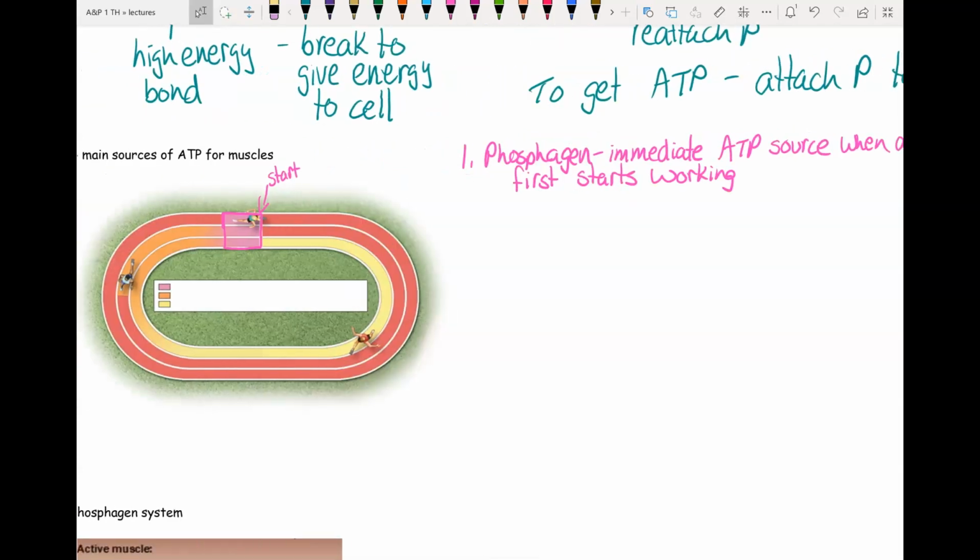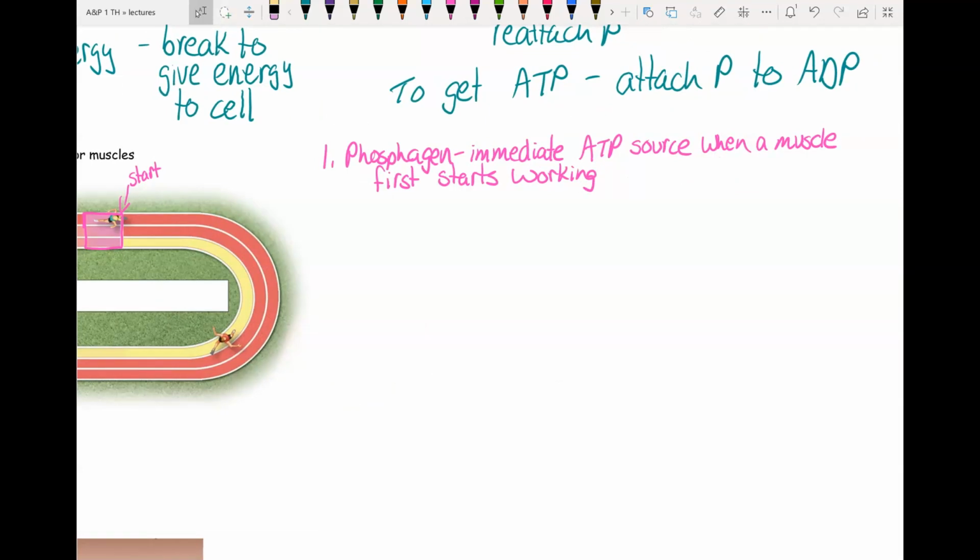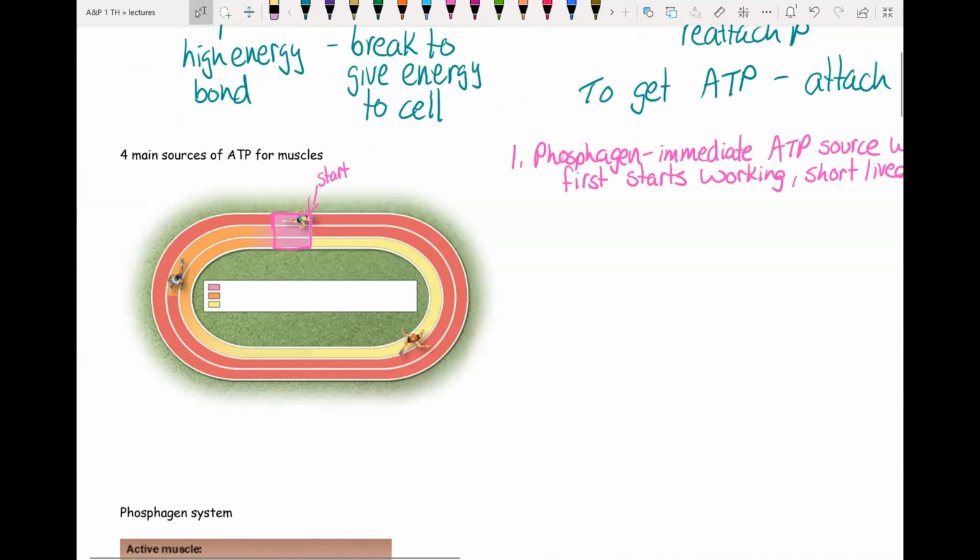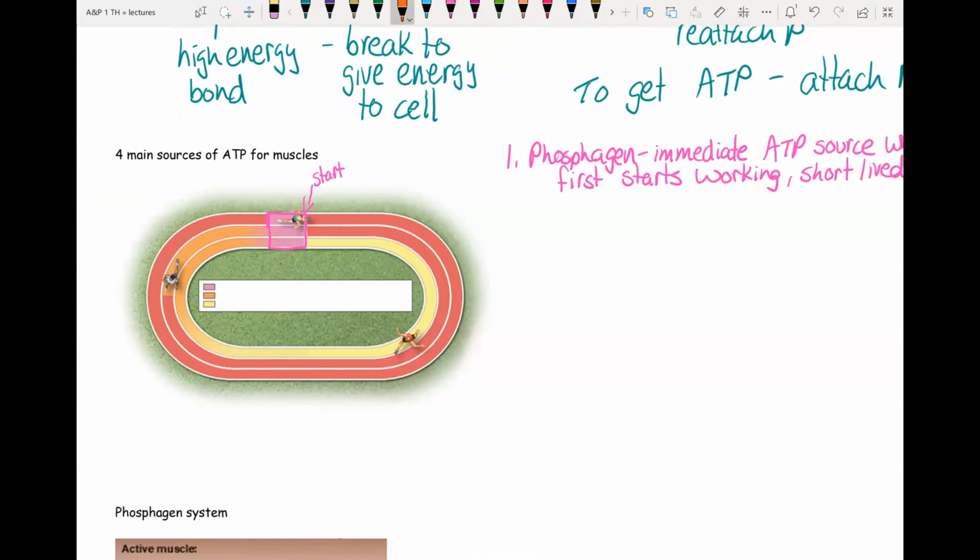Notice, though, how short-lived it is. It's only those first few strides of running around the track. So it's immediate, but it is short-lived. Next, we go to this orange one. So you can see here, here's runner number 2. He's continuing on around the track like this. The orange one is anaerobic.